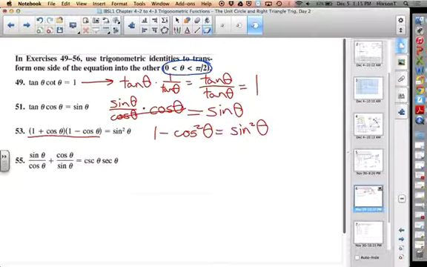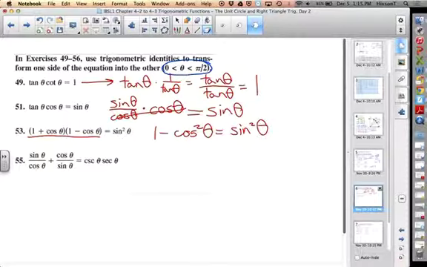Here, if we're trying to prove that tangent times cosine equals sine, we write the tangent as sine over cosine, then our cosines will cancel. And all that's left over is sine. It's kind of like a puzzle. You just got to figure out which ones to use and how to rearrange things to get it to look like the other side.